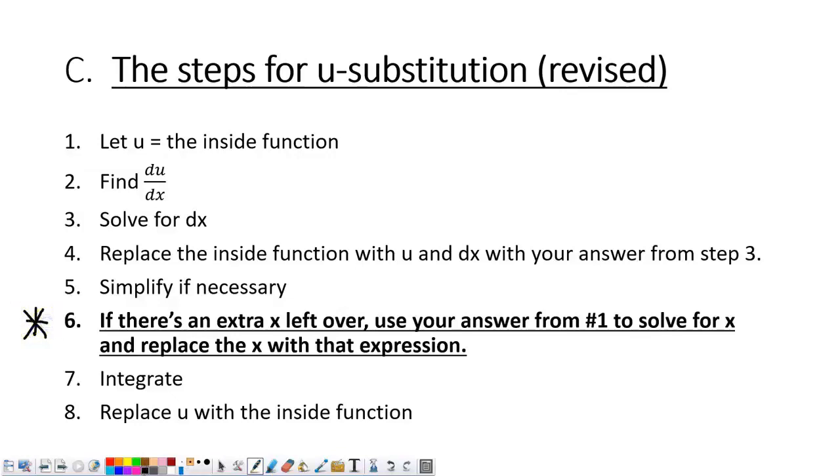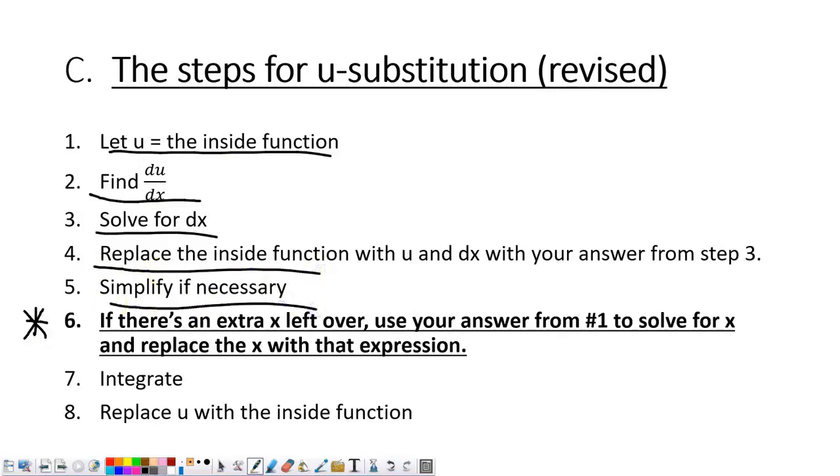So let's review our steps real quick. Let u equal the inside, find the derivative, solve for dx, do your u substitution, and then simplify, right? First 5 steps, nothing's changing. But when we get to step 6, if there's still an extra x left over, we're going to use our answer from step 1. I'm going to go back to that.